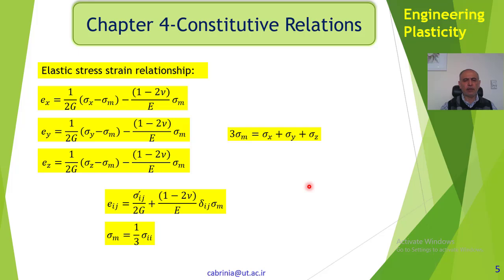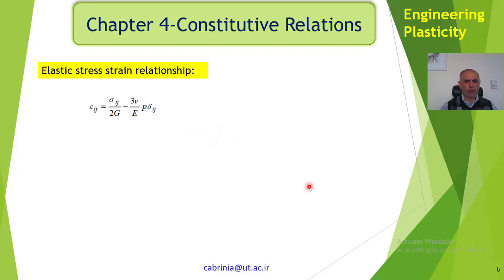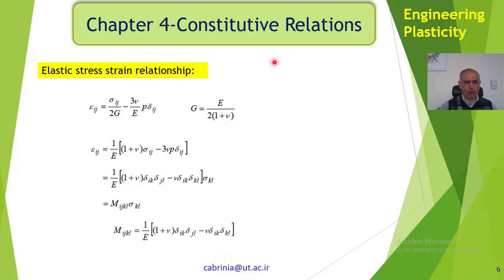In this course we try to start from the elastic and then go to the plastic part. Now these elastic strain relationships, we could also write in a more generalized form like this: epsilon_ij is sigma_ij over 2G minus 3 mu divided by E times P delta_ij.